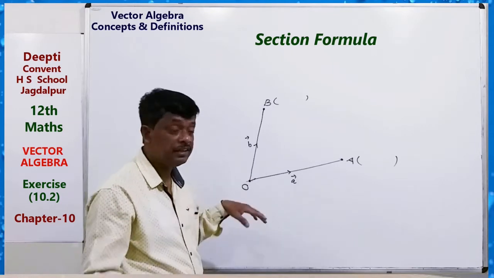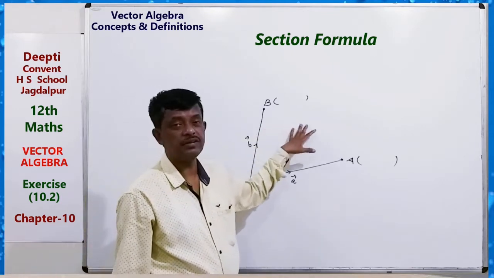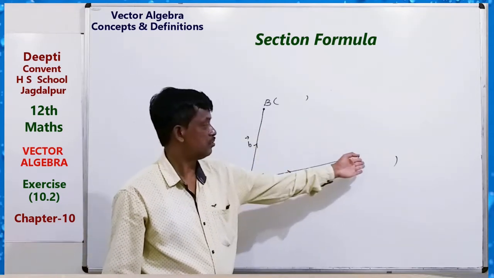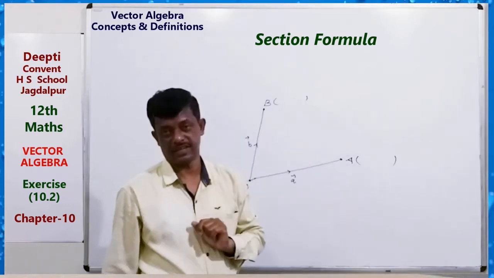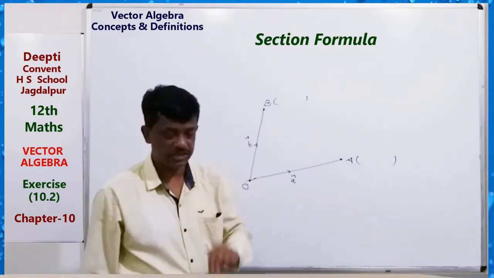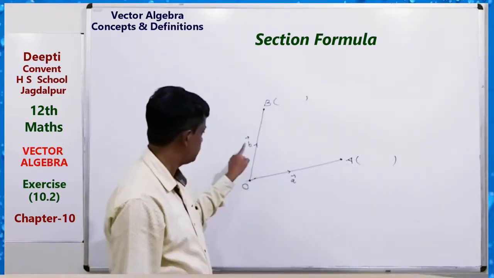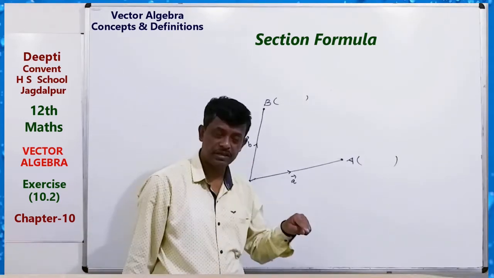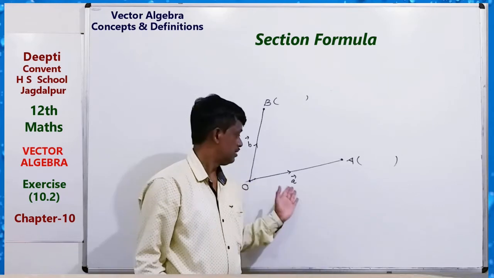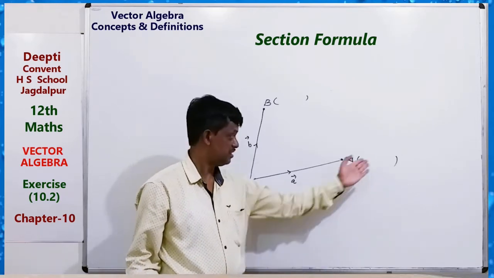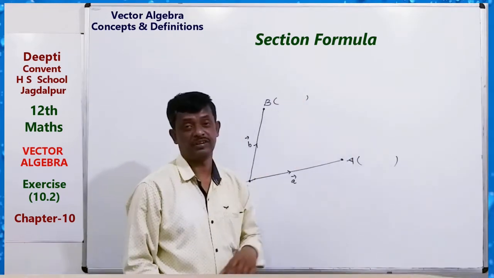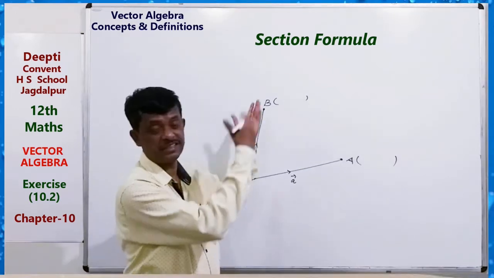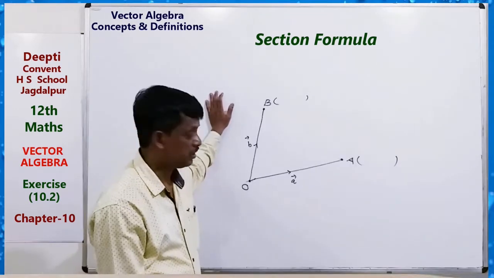In 3D or 2D geometry, we have x1, y1, z1 and x2, y2, z2. In vector notation, we just write the position vectors. If the position vectors are given in the question, you can write their scalar components, and then the question becomes coordinate geometry. Here it is in vector notation.